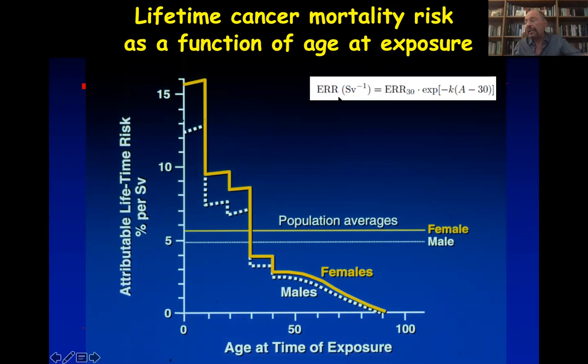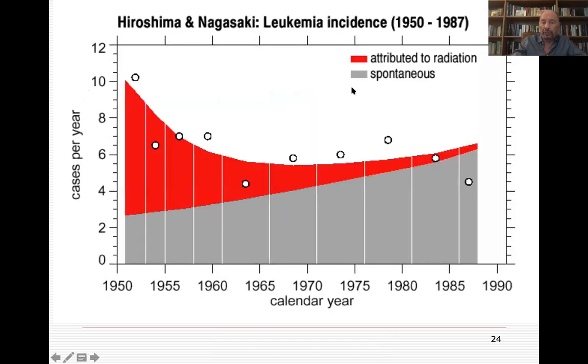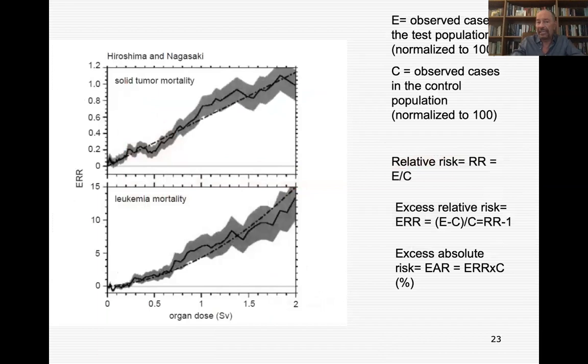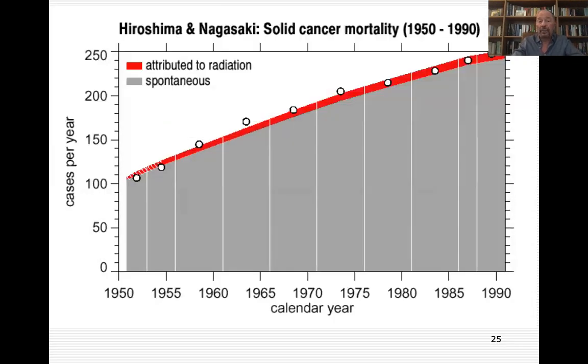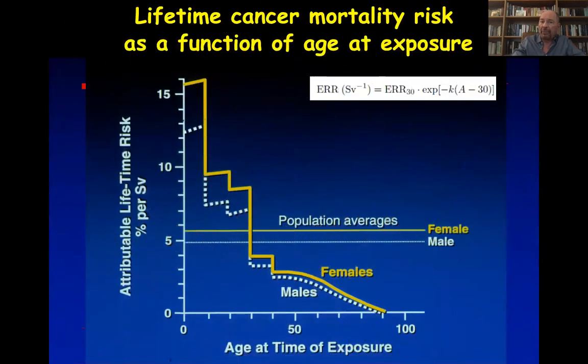In Hiroshima and Nagasaki, they generally use this function to give the ERR per sievert, because of course, for solid tumors, as I told you before, the dose response curve is linear, so you can do it per sievert, per unit dose. And they use sievert and not gray because, as I told you, there is a neutron contamination, so you weight the neutron dose to have a sievert. And they generally use an exponential function.